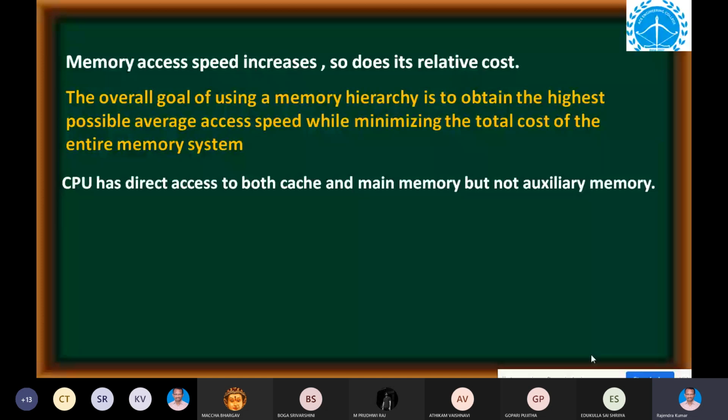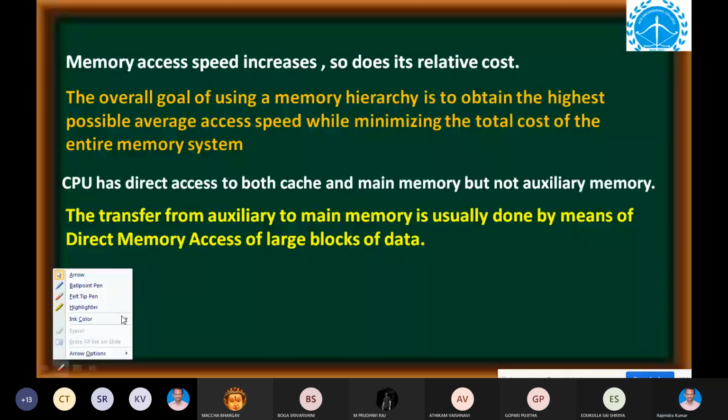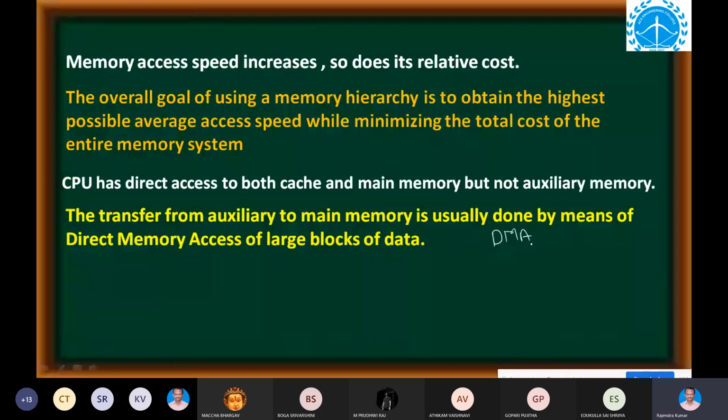The data transfer from auxiliary to main memory is usually done by means of direct memory access of large blocks of data. Have you heard about DMA data transfer? It is one type of data transfer.